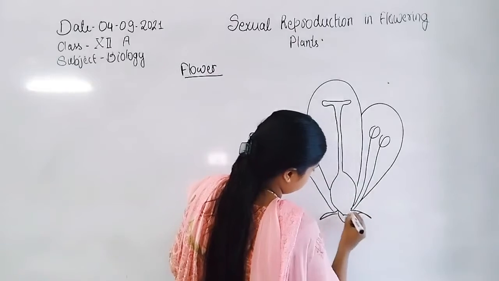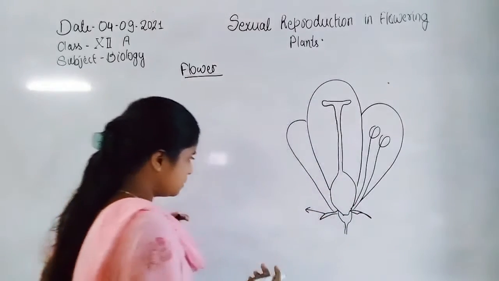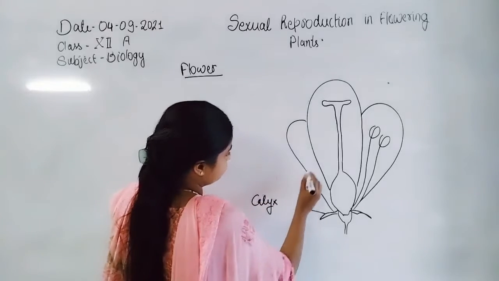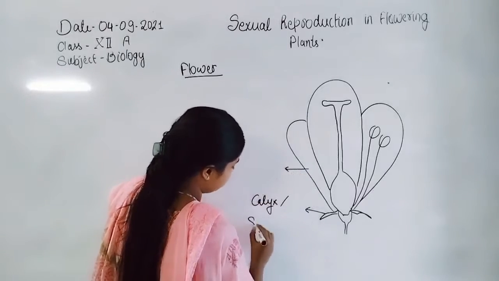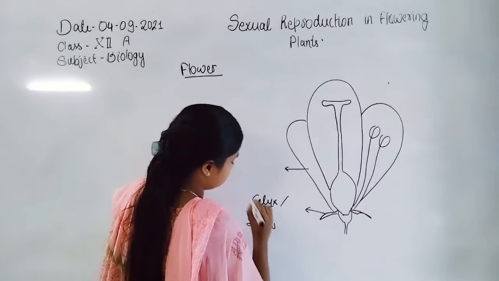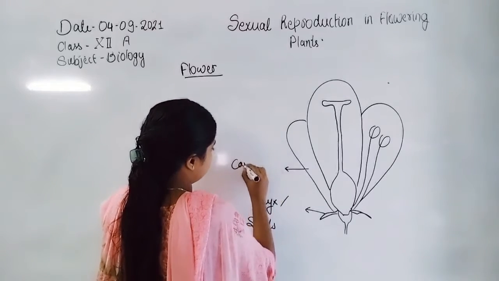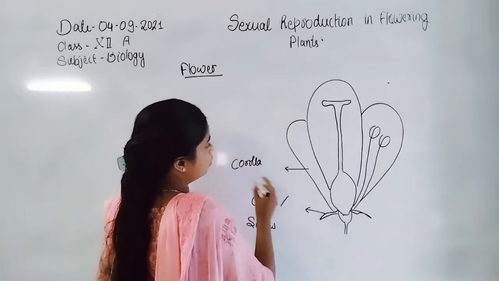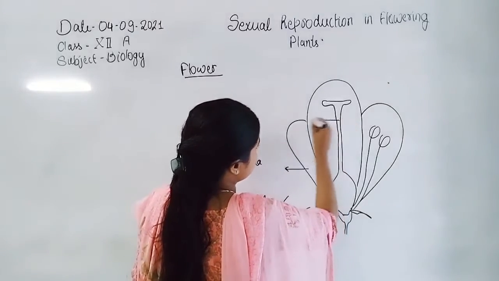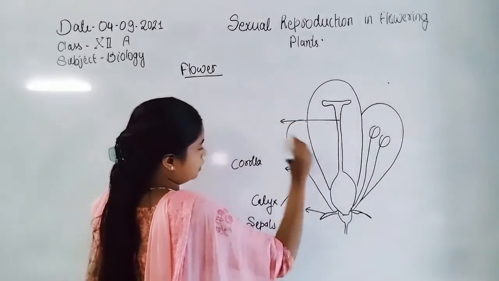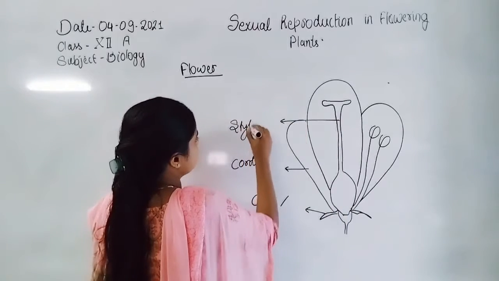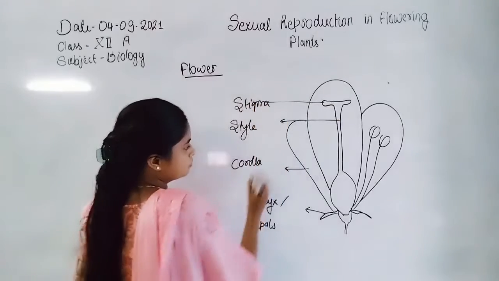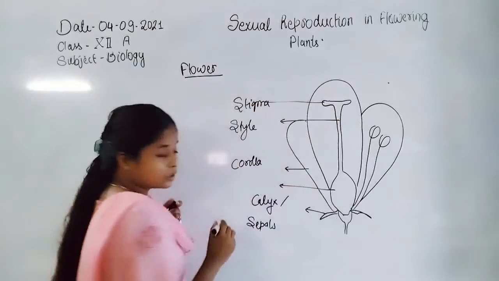First, the accessory part, which is also known as calyx, or simply sepals, then corolla, style, stigma, ovary.